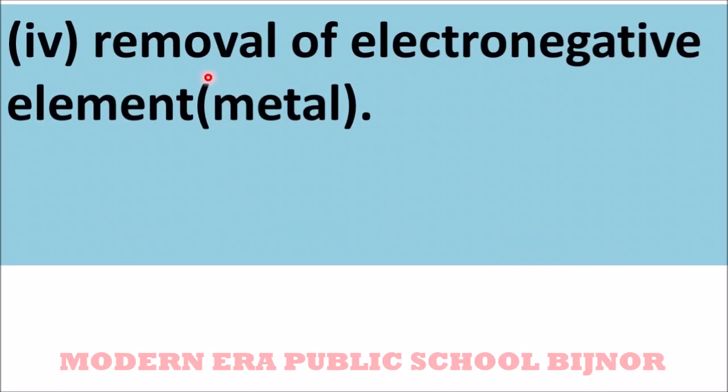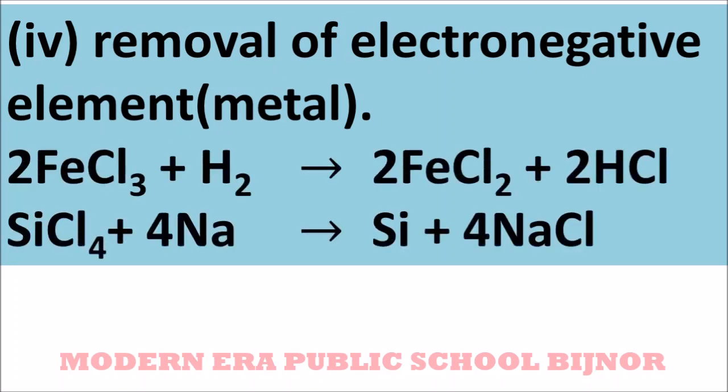Another parameter is removal of an electronegative element, and this also comes into the category of reduction. For example, FeCl3, ferric chloride, reacts with hydrogen gas and becomes FeCl2 and HCl.